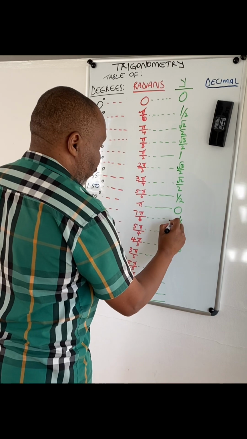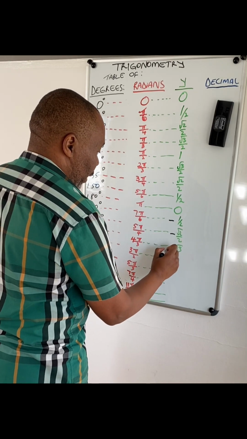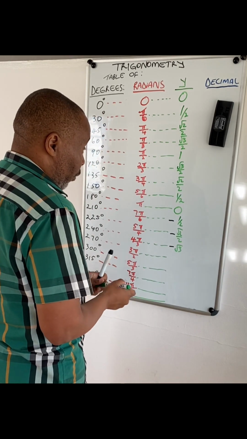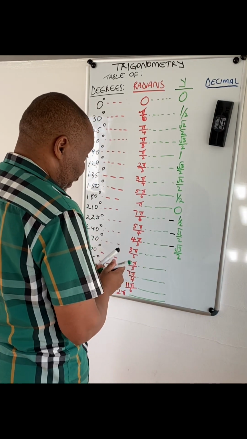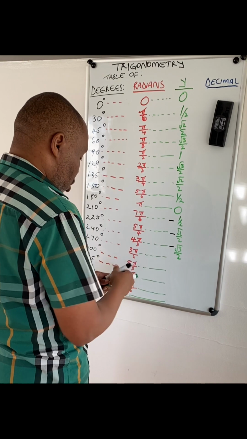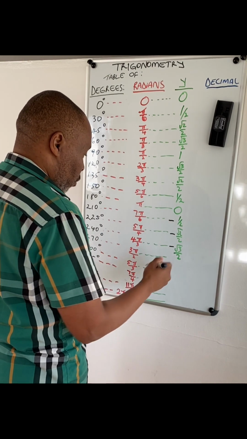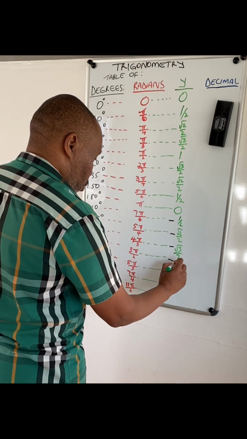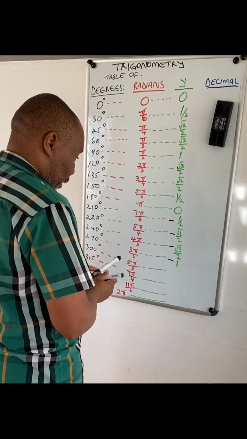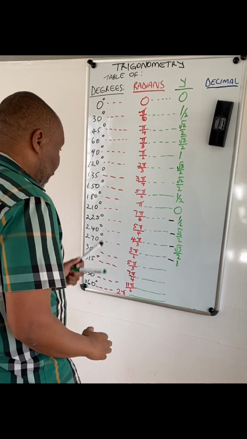So it's negative root 3 over 2, and a negative at 270. Y is negative 1. Right. So at 270 it's negative.